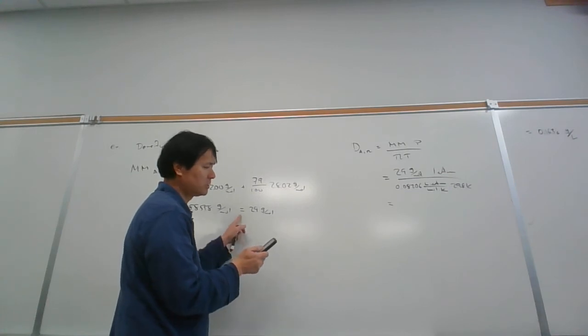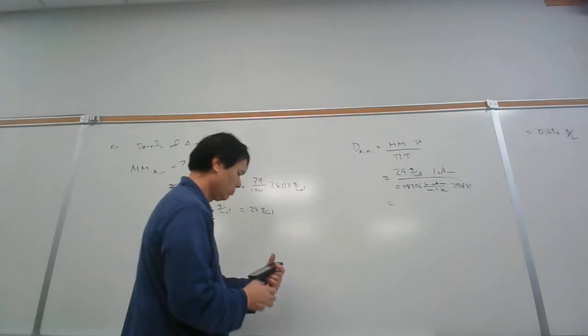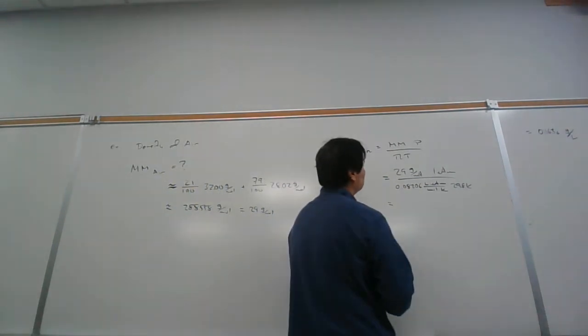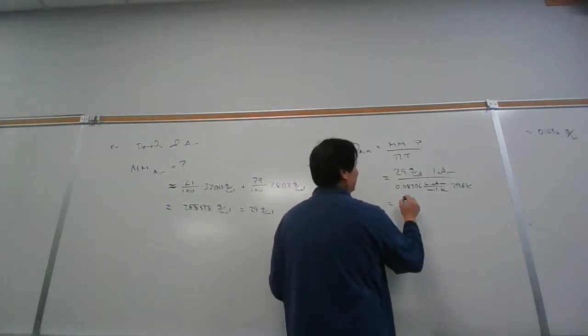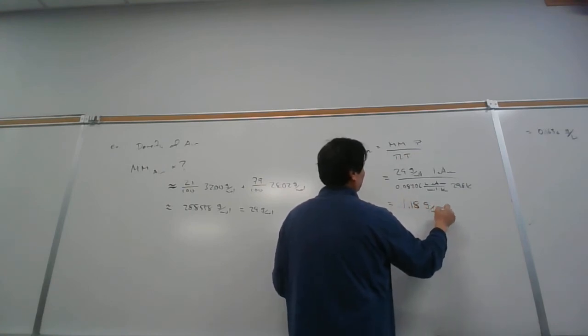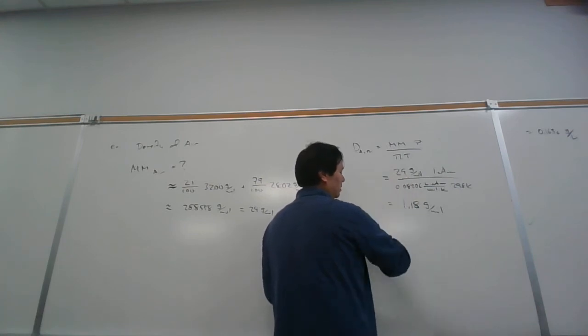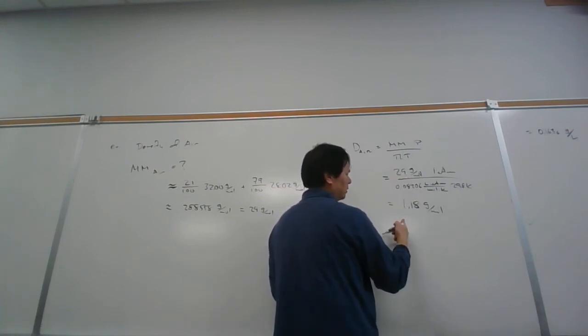Actually, I have all the digits left in my calculator. I'll just use them. 1.18. You might get a slightly different answer because I rounded this one. I didn't round it since it was already in my calculator.